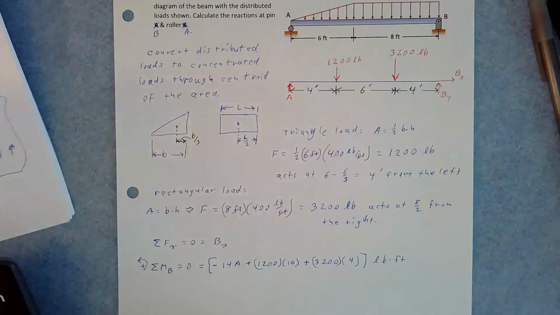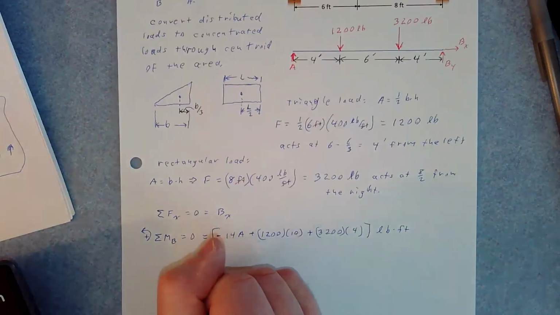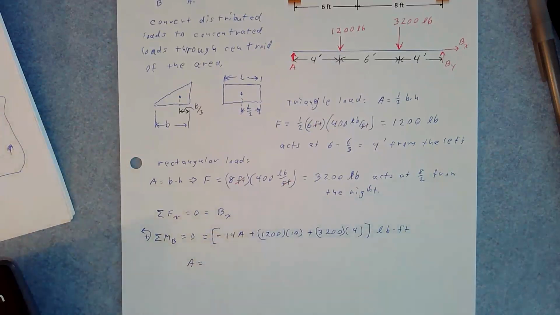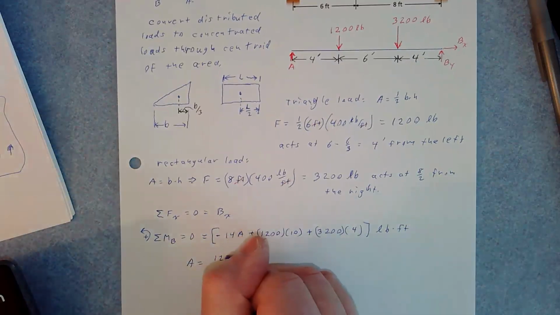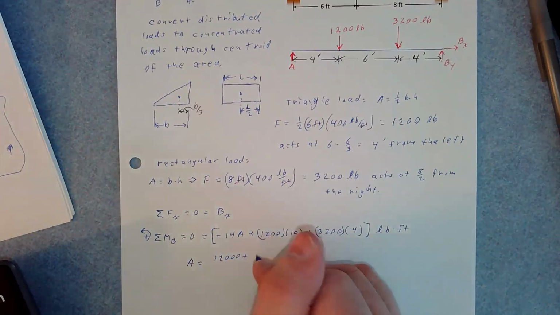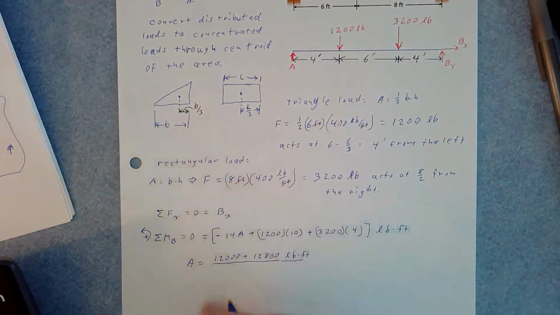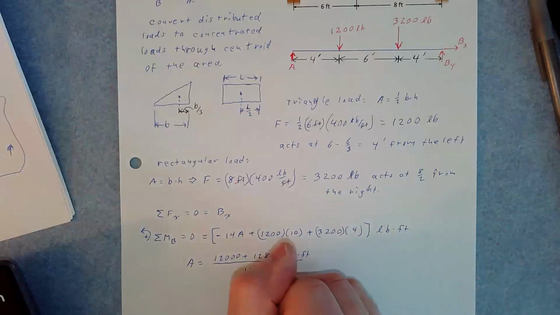Now you can see here that the units for A have to be pounds, right? Because 14 is in feet. You can try to solve this for A. If you do, you're going to wind up with 12,000 plus, this turns out to be 12,800, again, the units up here, pound feet, divided by 14.